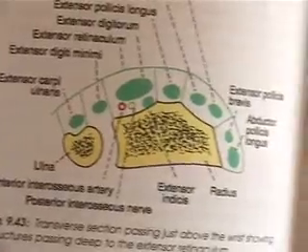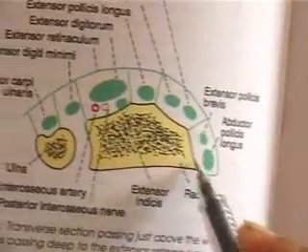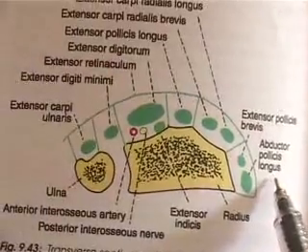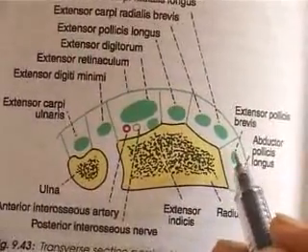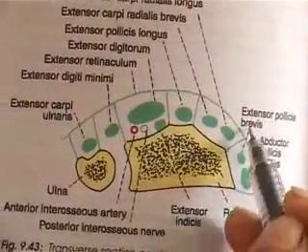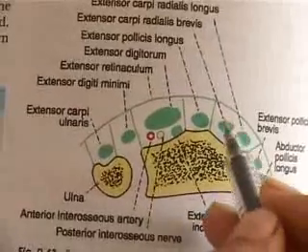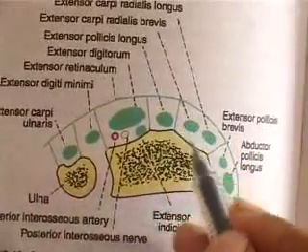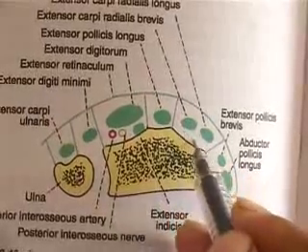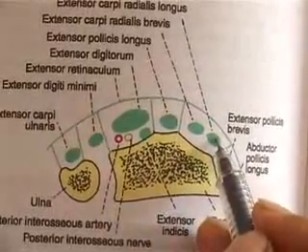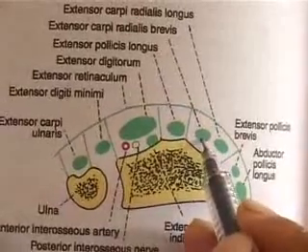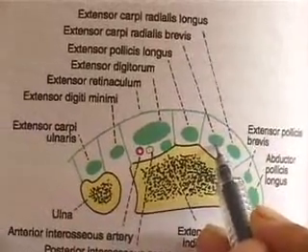First compartment shows tendons of abductor pollicis longus, extensor pollicis brevis. Second compartment has two wrist extensors, extensor carpi radialis longus and extensor carpi radialis brevis.